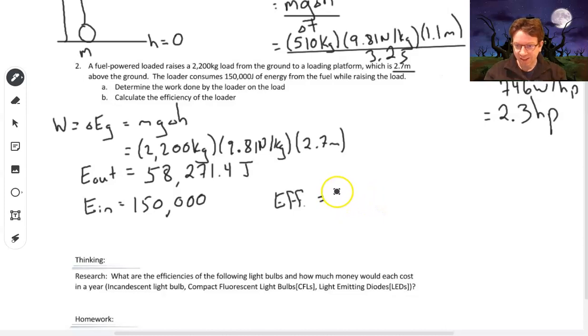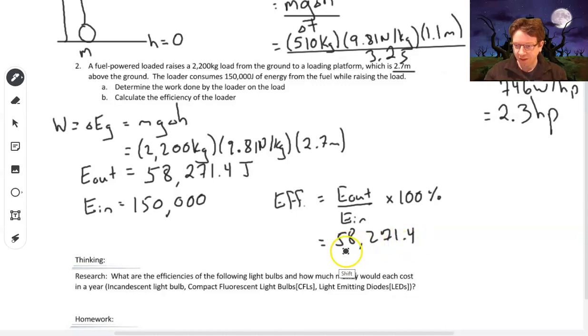So our efficiency then is the energy out over the energy in. If you want to change that to a percentage, you just multiply by 100%. Okay, so energy out is 58,271.4.